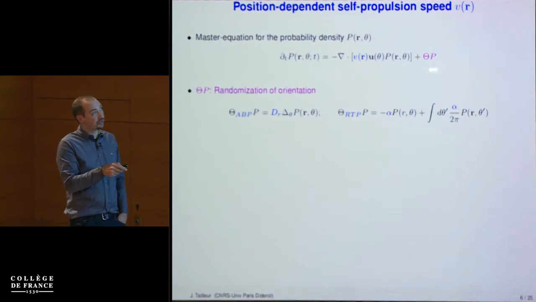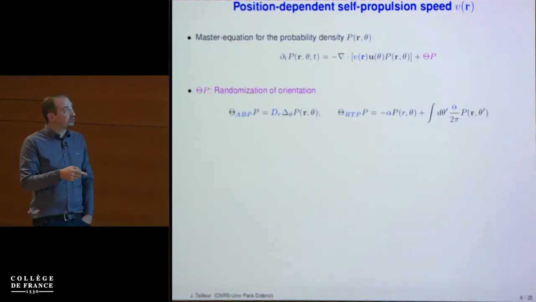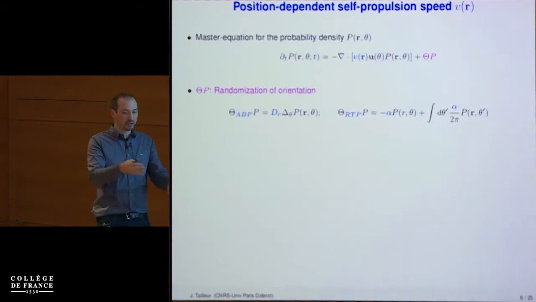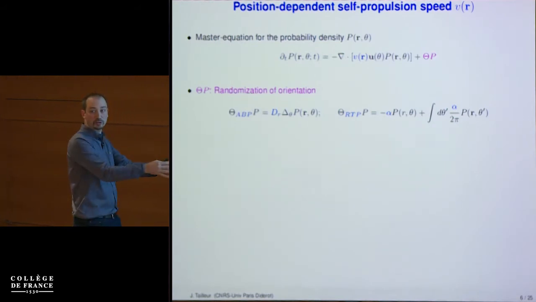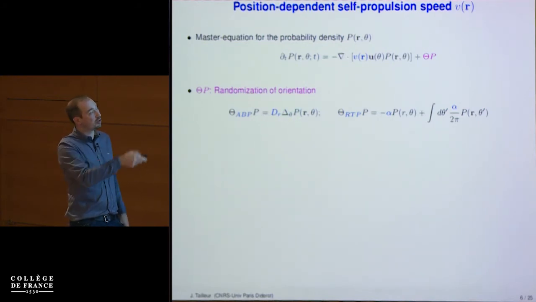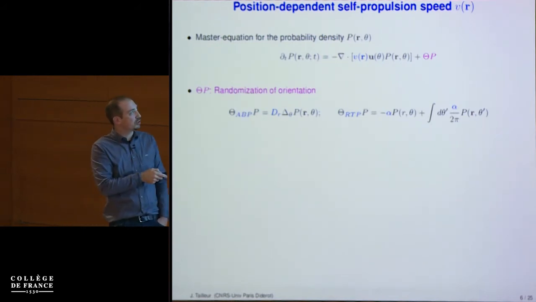And then you have a second term, theta p here, which I won't detail in general. It's just what controls the randomization of orientation. So if you have rotational diffusion, meaning that the body axis of the bacterium is doing rotational diffusion, typically you just have a Laplacian, a second derivative with respect to theta of p. And if you're on a sphere, that would be just the angular part of the Laplacian.